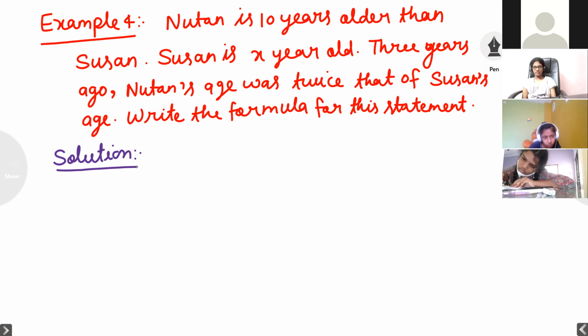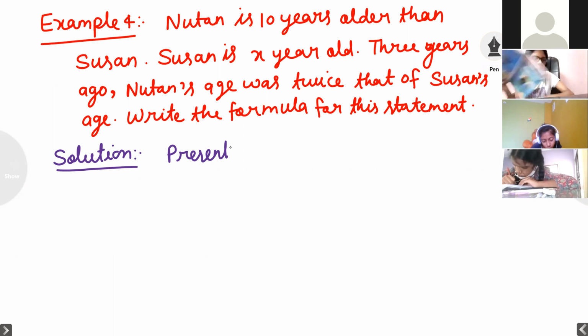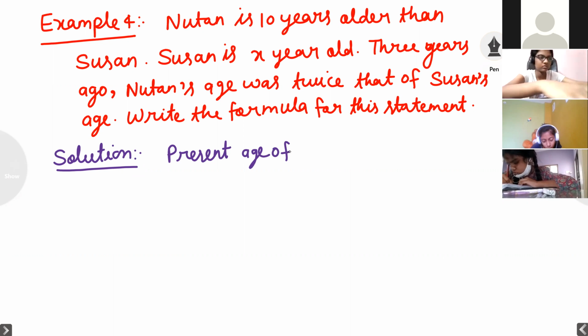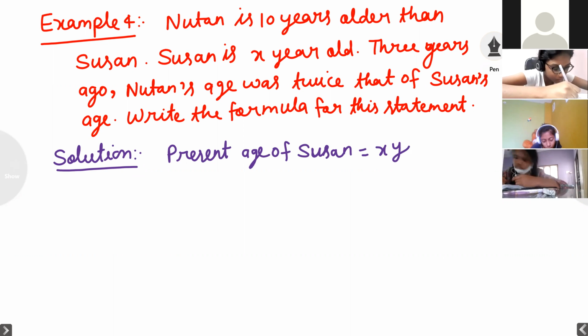Note down: present age of Susan is equal to x years, already given in the question.